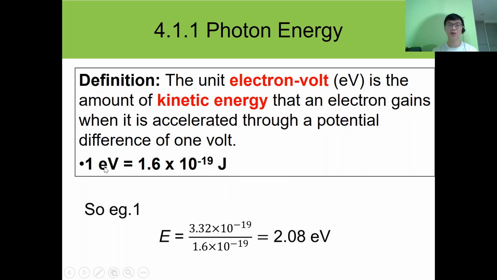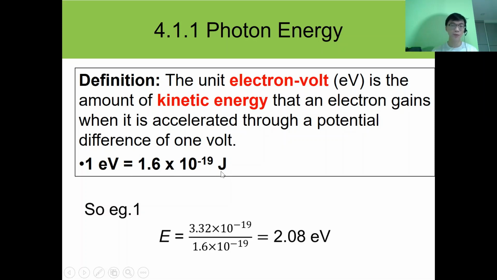This conversion is very important. It's like converting 1 Singapore dollar to how many USD. You must know this conversion rate so you'll not get conned. So 1 eV, 1 electron volt, is 1.6 times 10 to the power minus 19 joules.